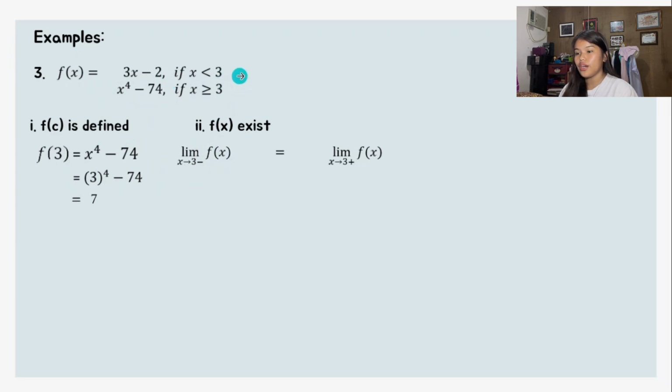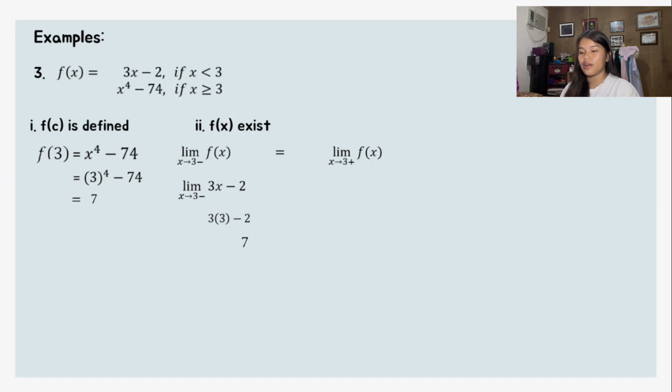So we have here x less than 3 and its function is 3x minus 2. So that will become limit 3x minus 2 as x approaches 3 negative. And then just substitute the x with 3, so that will become 3 times 3 minus 2. So 3 times 3 is 9, and then minus 2 will become 7. So we're done with the left-hand limit.